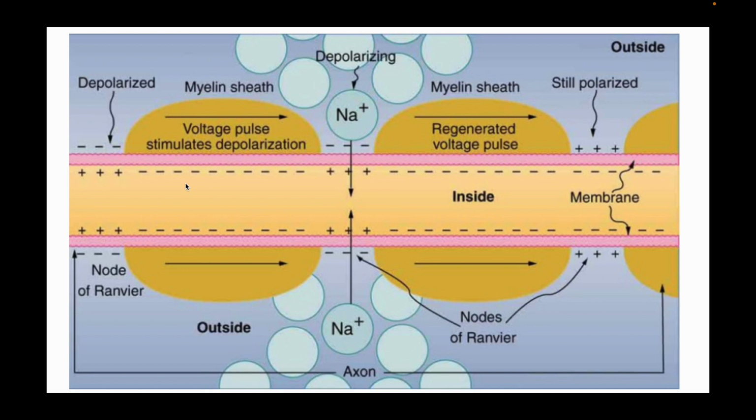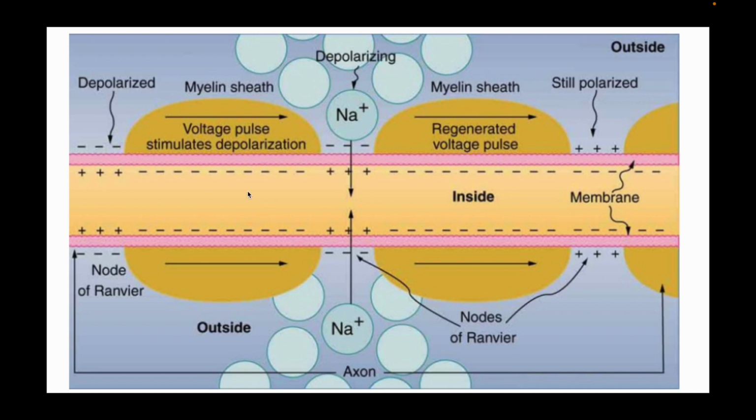Once you have electricity flowing like this, there will be a drop in the voltage. If there is a drop in the voltage, I may not get an adequate response at my effector site. So to keep the voltage intact, we have these nodes of Ranvier, which again depolarize in between and maintain the voltage of the electrical signal.